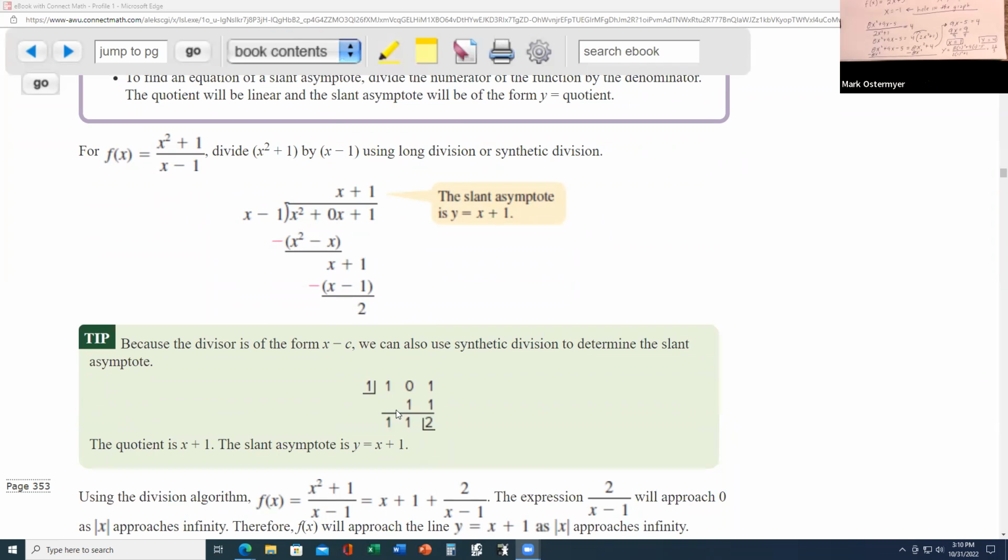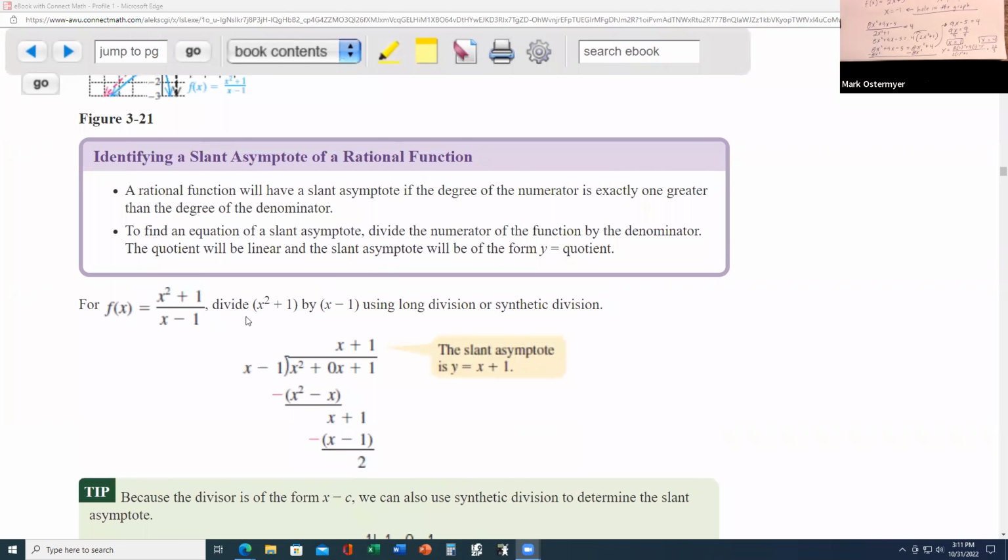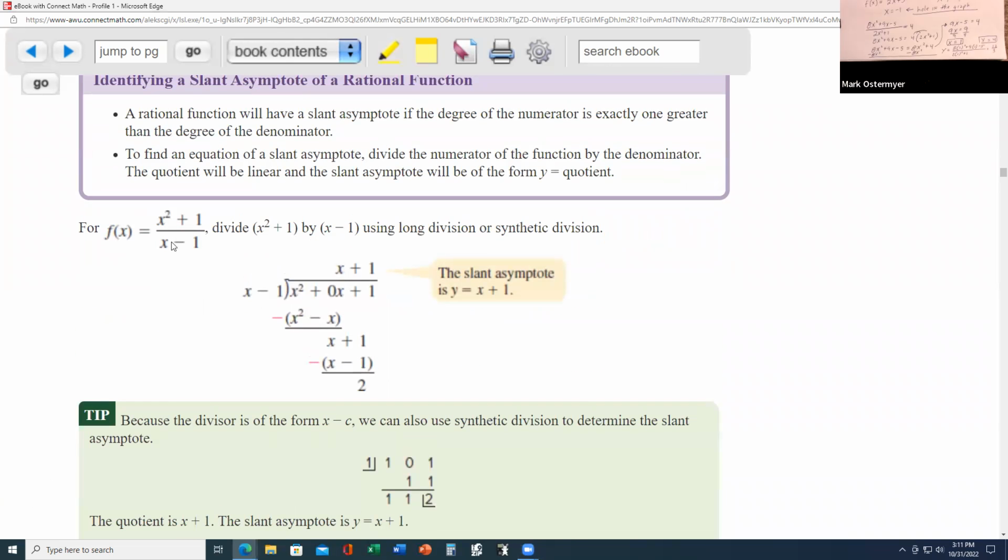Now, how do we know when a slant asymptote for a rational function exists? How do we know that these functions even have a slant asymptote? Well, here's how. A rational function will have a slant asymptote if the degree of the numerator is exactly 1 greater than the degree of the denominator. So notice the degree of this numerator is 2, and the degree of the denominator polynomial is 1.